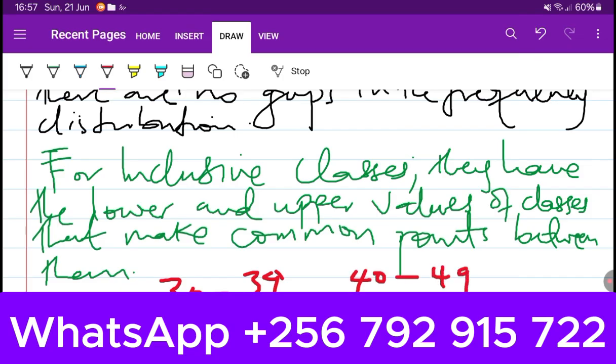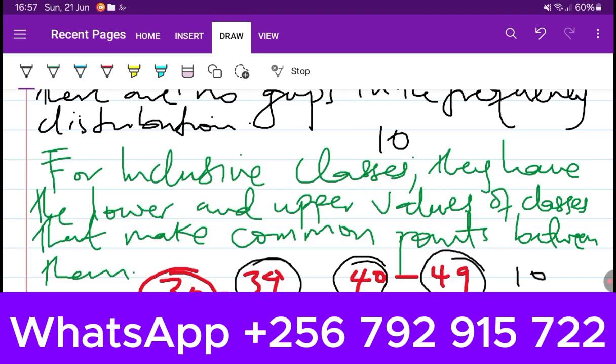You are seeing from 30 to 40, there are 10 numbers. Even from 39 to 49, there are 10.